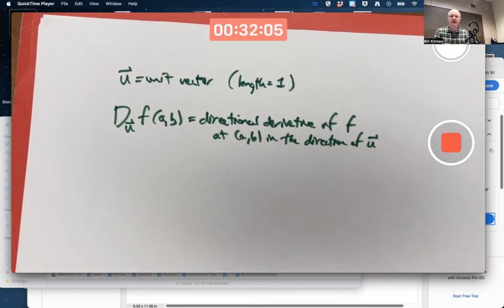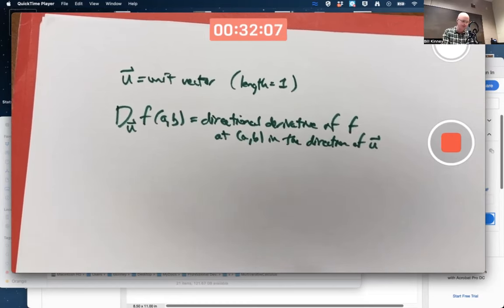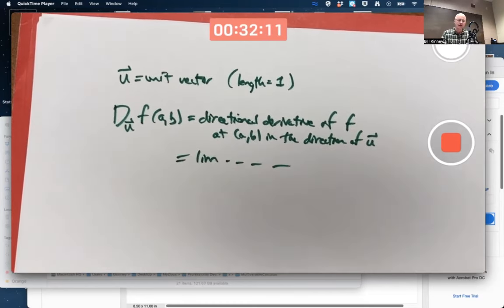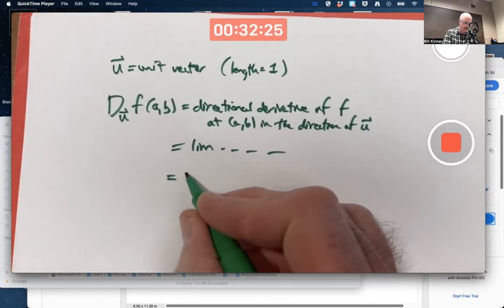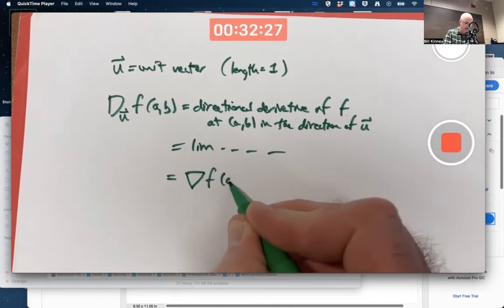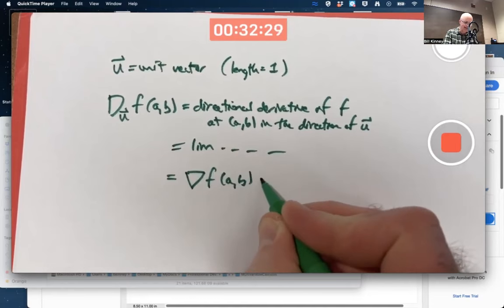And you can define this with a limit, and you'll see that in the reading. But certainly for the purposes of the exam, at least, and I think on the homework too, there's a better computational method. The way you compute it is you calculate the gradient vector at the point and dot it with u.